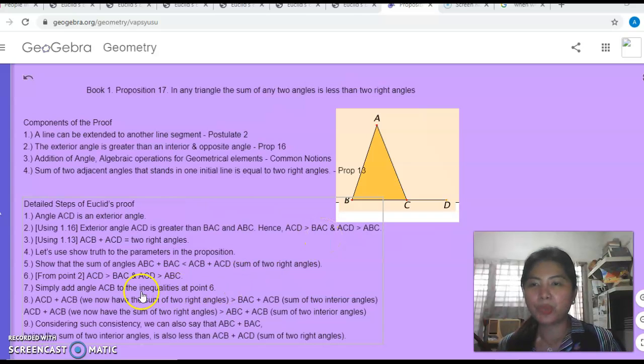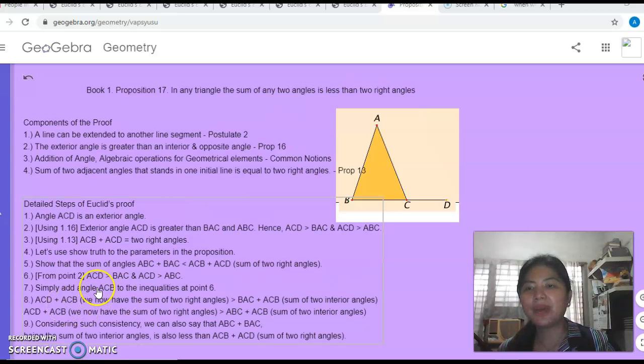So we have ACD greater than BAC, and again ACD greater than ABC. I hope you can follow that in our figure. At step number 2, we derived two inequalities. Now we just have to manipulate them by adding angle ACB to both sides of the inequality.